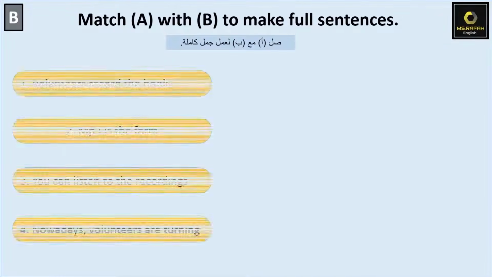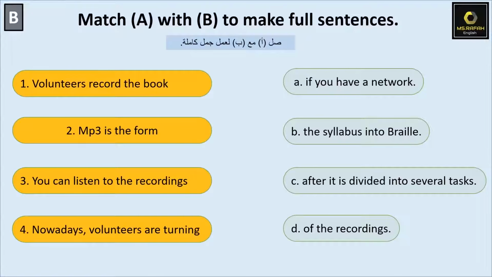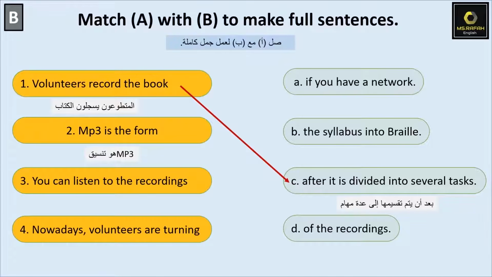Now match A with B to make full sentences. Volunteers record the book after it is divided into several tasks. MP3 is the form of the recordings.